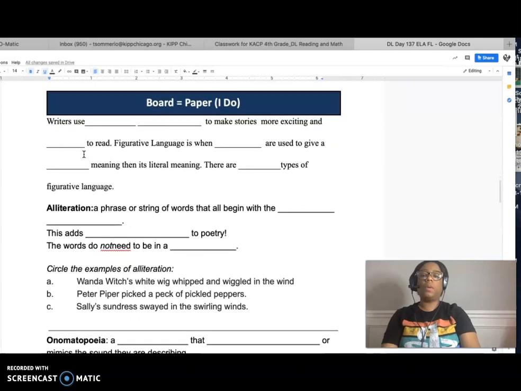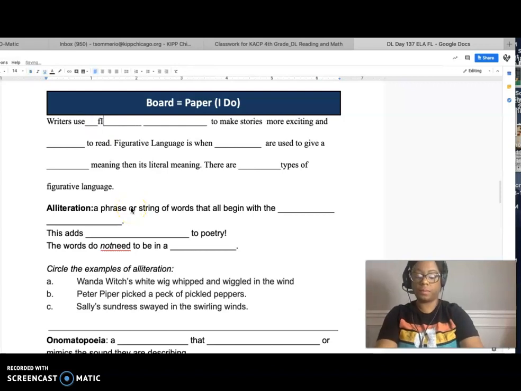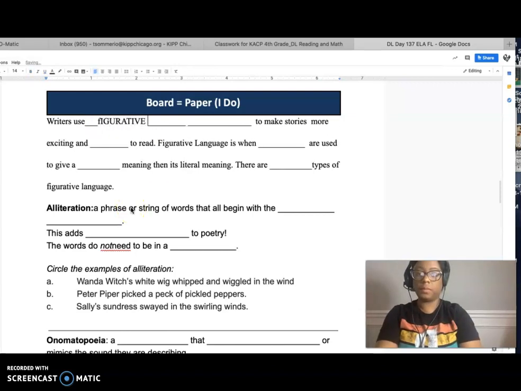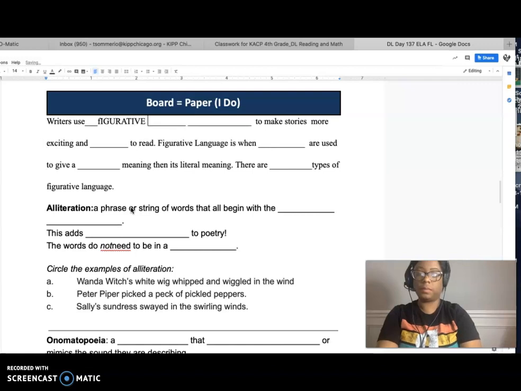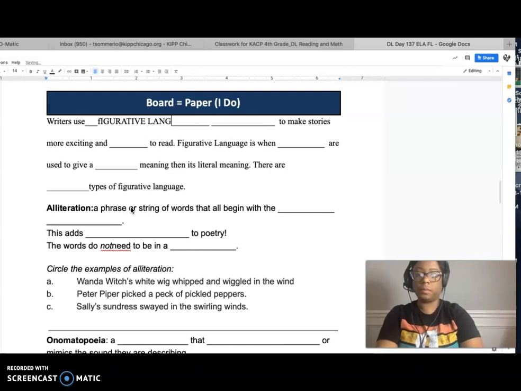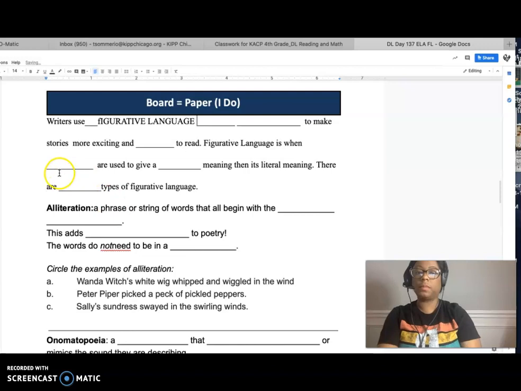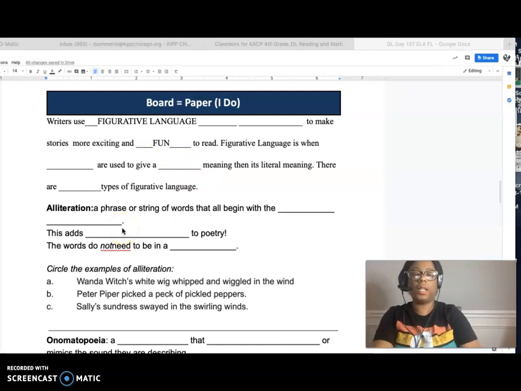All right, board equals. Let's keep it moving. Writers use figurative language to make stories more exciting and fun to read.